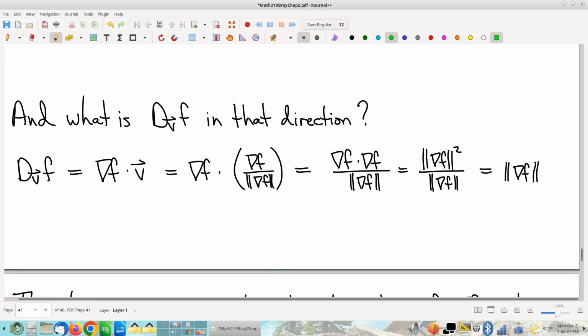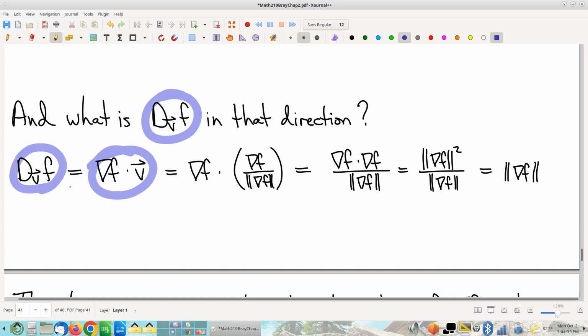Okay, next question. How fast is the function increasing in that direction? This is the direction you go to make the function increase as fast as possible. How fast does it increase? What is this maximum possible rate of increase? Well, that rate of increase is the directional derivative, computed with a dot product, again as usual.